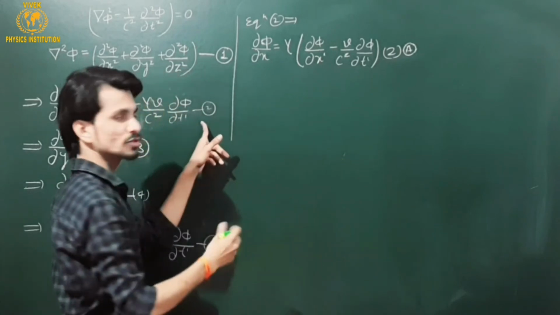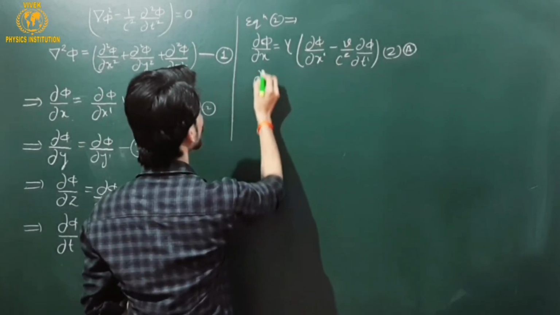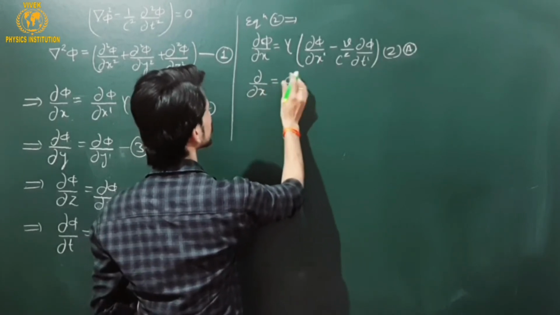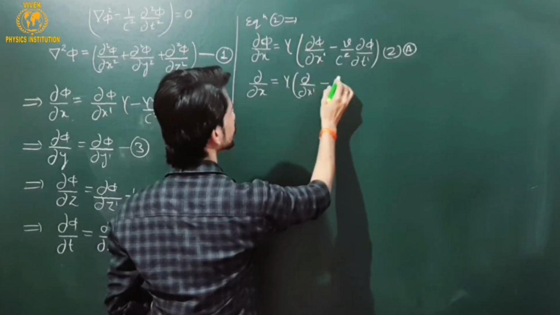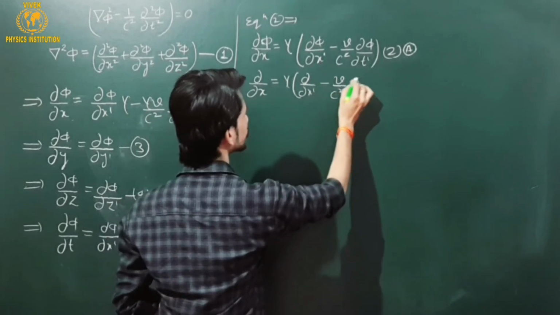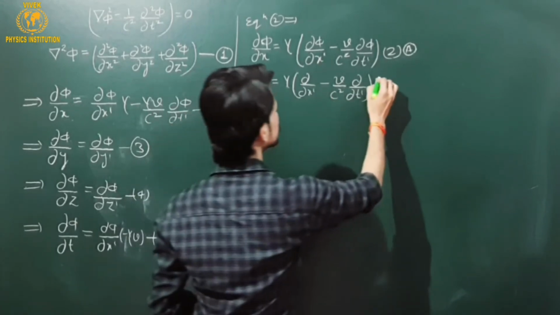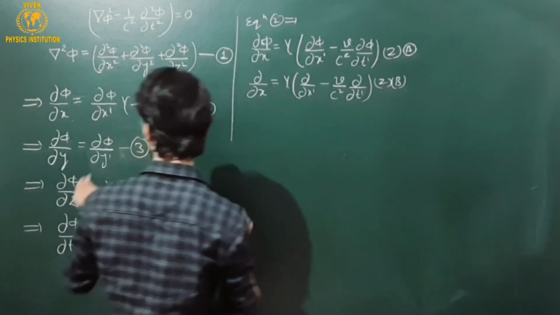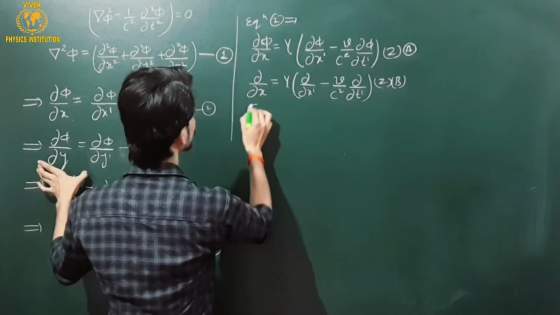Without the phi, the form of this equation will be del over del x equals gamma times del over del x dash minus v over c square del over del t dash. Okay, this is 2b. Similarly, equation 3 vanishes as del phi. This is equation 3.